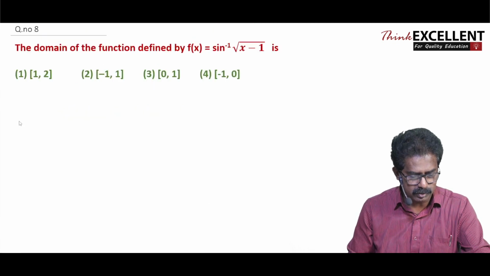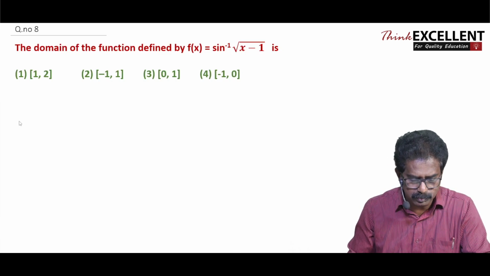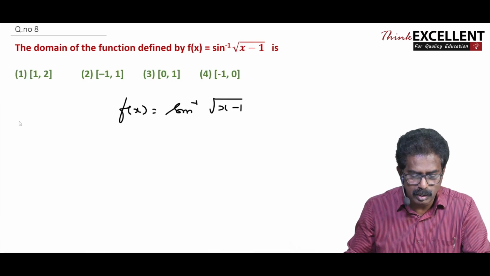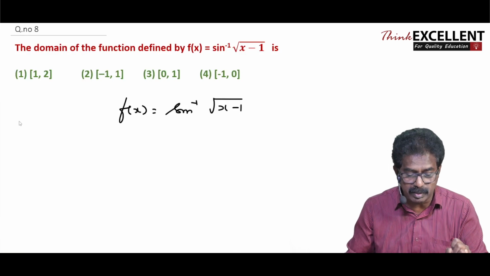Now question number 8. The domain of the function defined by f of x equal to sine inverse root of x minus 1. Please listen, you know the domain of sine inverse x is minus 1 to plus 1, that is x lies between minus 1 and plus 1.